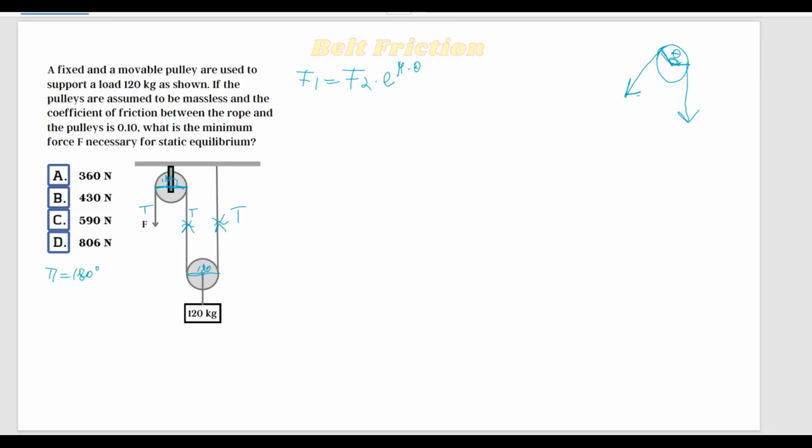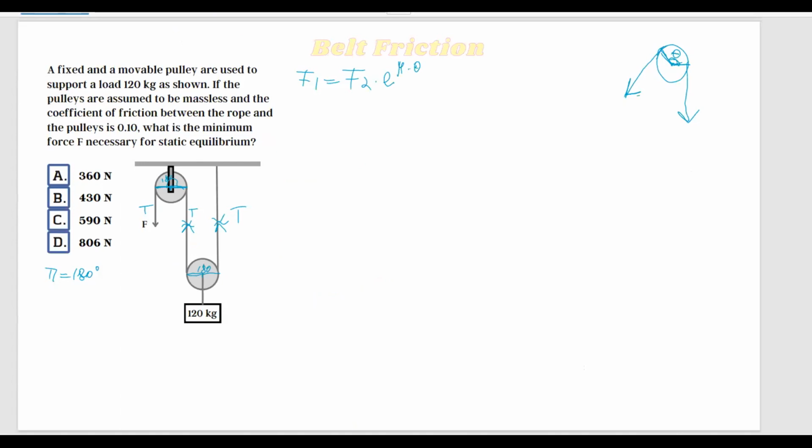Okay, so let's come back here to our system. Another important thing to note when solving this type of problem is that we have to figure out which way the system is going. So look here, F1 is larger than F2. So coming back here, the problem is saying, let's read the question again: what is the minimum force F necessary for static equilibrium?